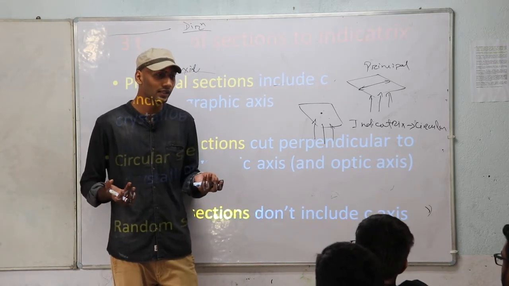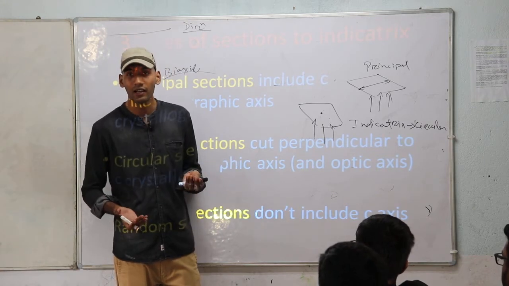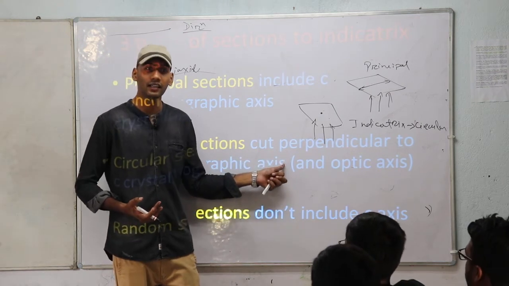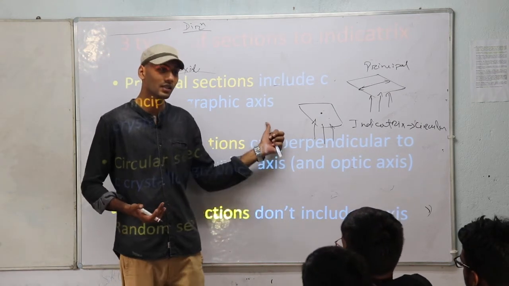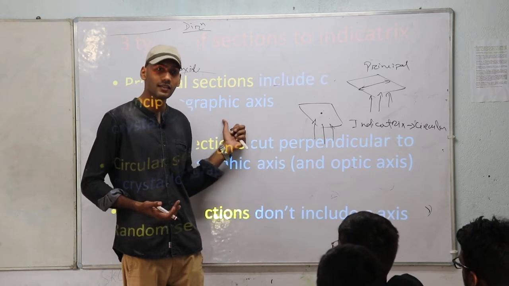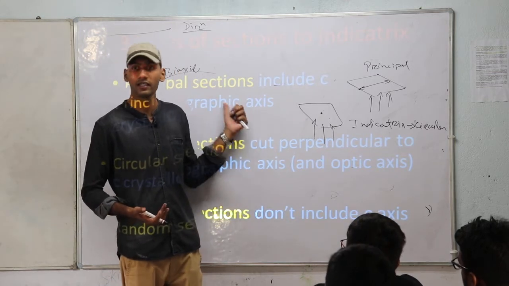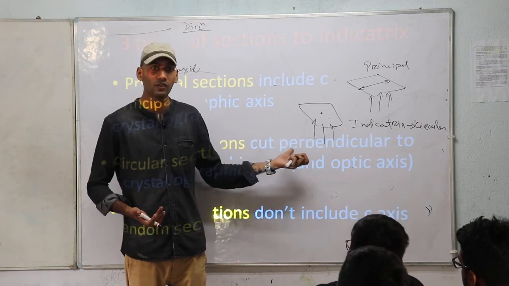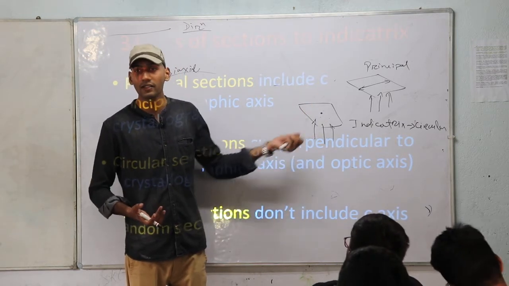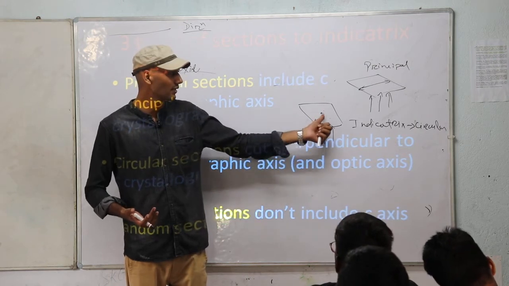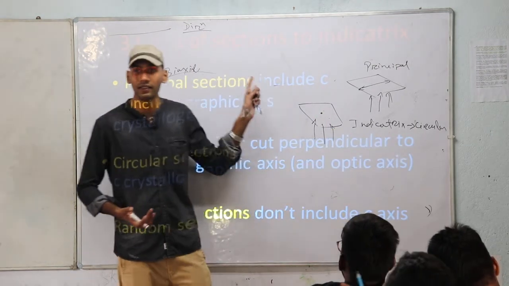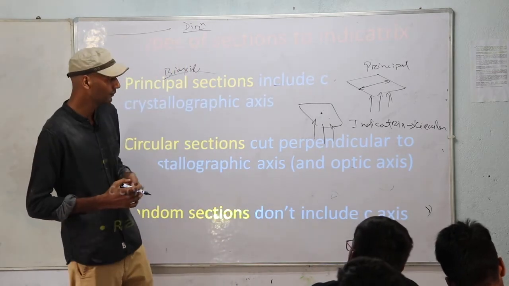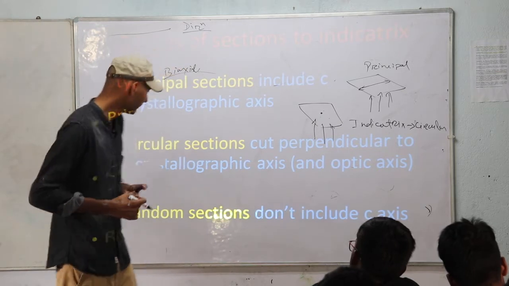How can I remember in which section of a mineral I will get which kind of interference color? But the logic is this: the question asks about the basal section of zircon. Zircon is tetragonal, that is uniaxial. Basal section is extinct, that is isotropic. That means the basal section is showing a circular indicatrix. So you will get no interference color. You will get extinction. So the questions can be like this.